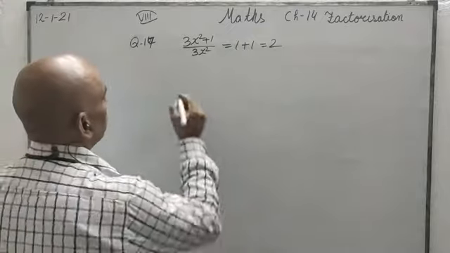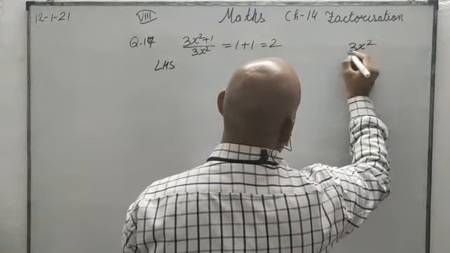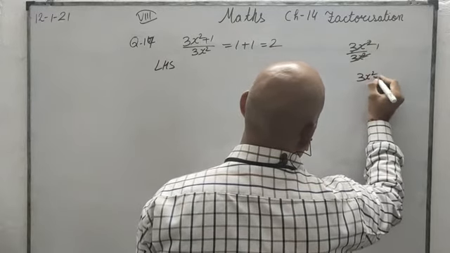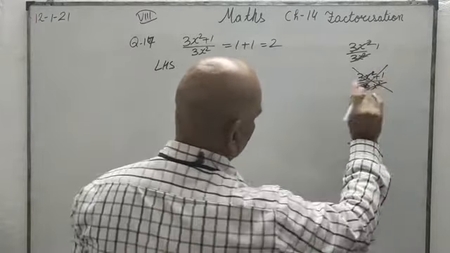No, now also it is wrong. Because that time only 3x square was in the numerator, so it was 1. But now it is 3x square plus 1, so it cannot divide this. This is wrong. This cannot be done.